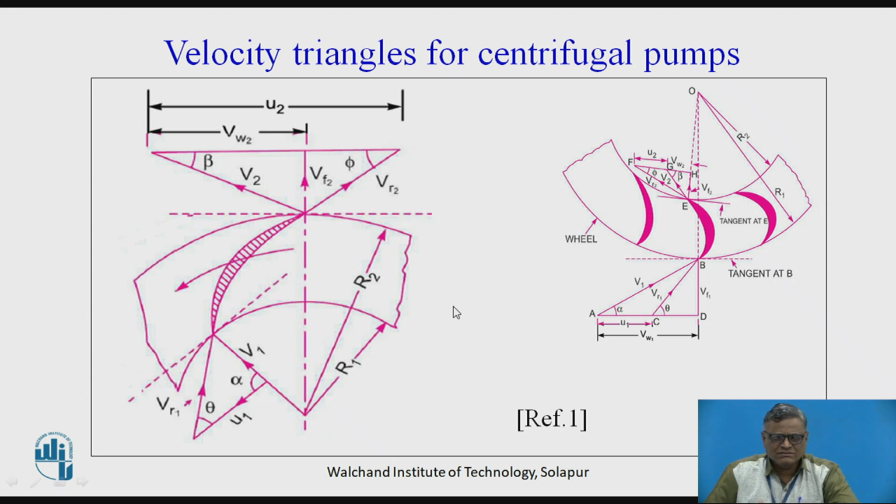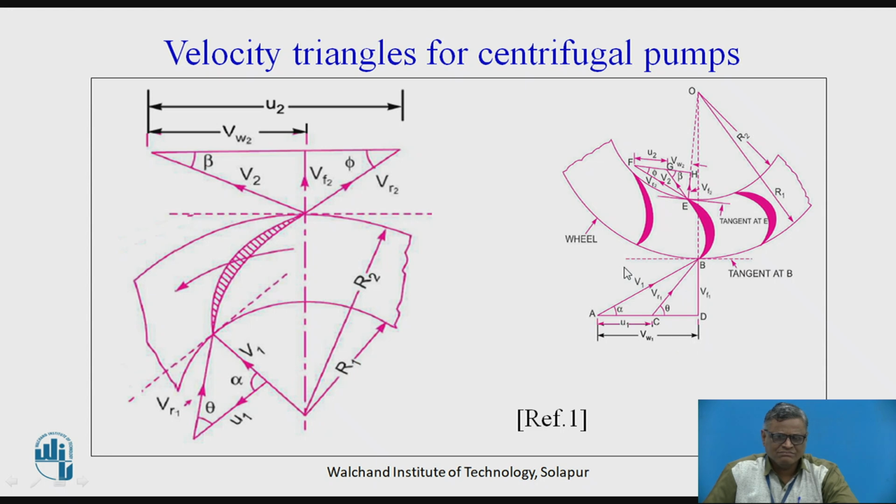See now, this diagram is shown here. The inlet side is here, and this is the outlet side. Centrifugal pumps are of the radial outward flow type. In this case the velocity is radial like this. Earlier, v1 was inclined, so we had a whirl component and a flow component.